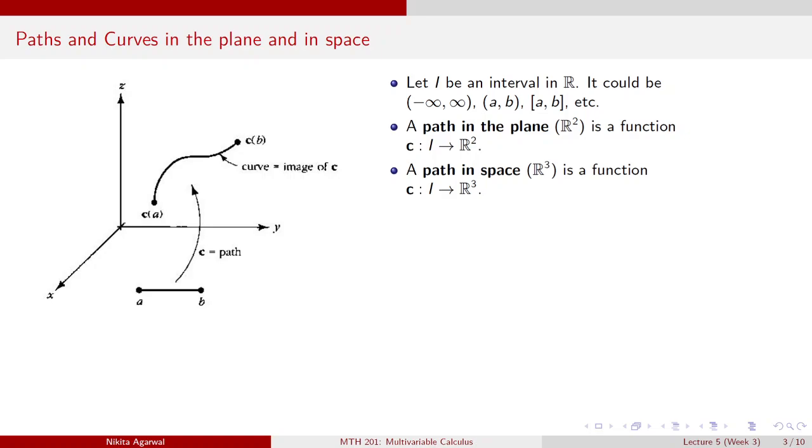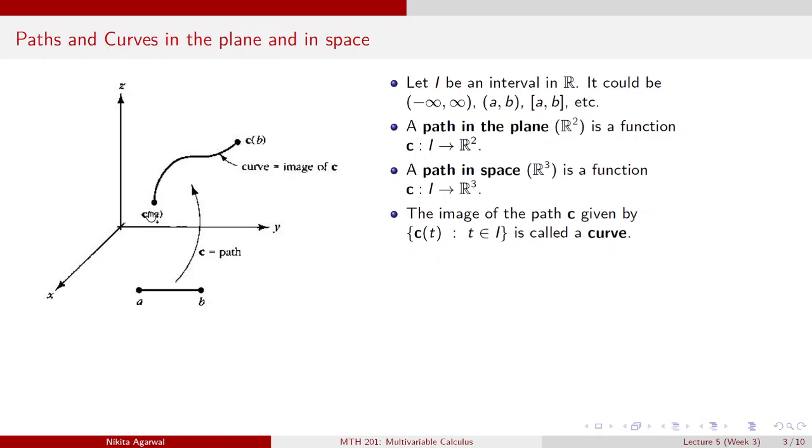I will discuss these using the figure on the left. The image of this path, given by the collection of points when you vary t in this interval, is called a curve. If you look at this picture on the left, suppose your interval is the closed interval AB. This is a picture in R3. You vary your variable over this interval and look at the image of this function C. Suppose this comes out to be this picture here.